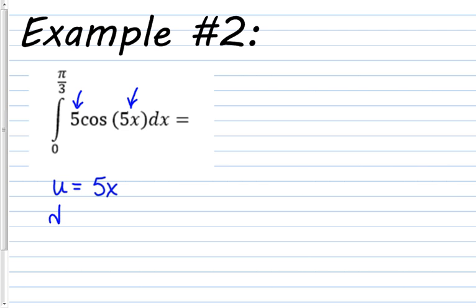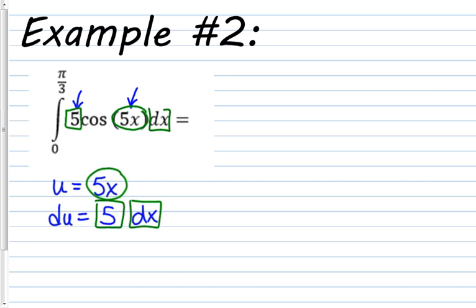And then I'm going to derive 5x, and it is 5, right? Just making sure, dx. Okay, so what is being accounted for here? So the 5x is right here, and then the 5 is right here, and then the dx is right here.